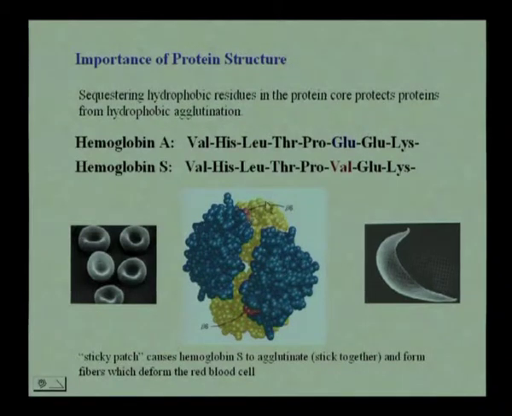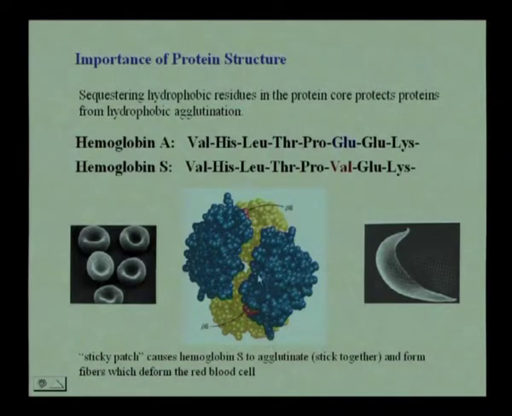Now, because the glutamic acid was on the surface, this valine is now on the surface. So, what happens is another hemoglobin molecule comes here, and the bottom of the next hemoglobin molecule sticks with this one. Sticks means it forms a hydrophobic interaction because it wants to be away from the solvent. So, eventually what do you get? You get a fiber.